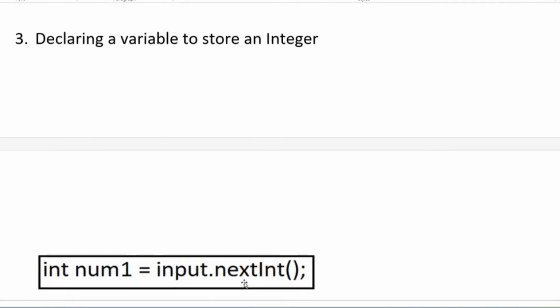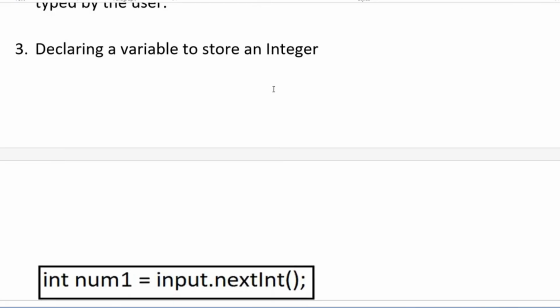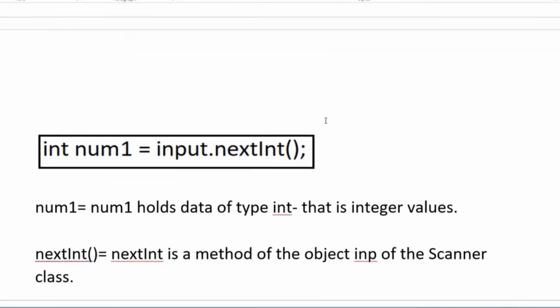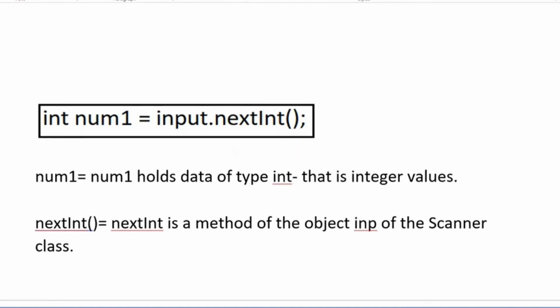And the third one is declaring a variable to store an integer. How can we declare it? By using int num1 = inp.nextInt(); What is num1? num1 holds data of type int, that is integer values.